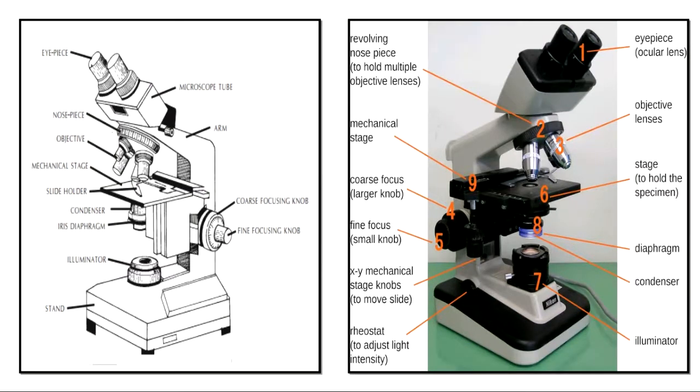So, when you turn on the button, this illuminator will act as a source of light, and then it passes through the diaphragm or condenser, which is number 8, and then through the objective lenses, that is number 3, you can see through the eyepiece, that is ocular lens.